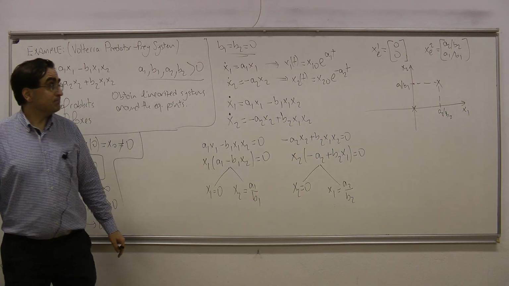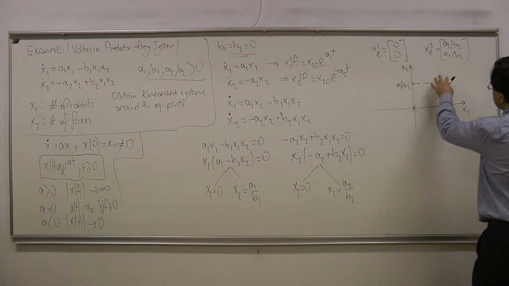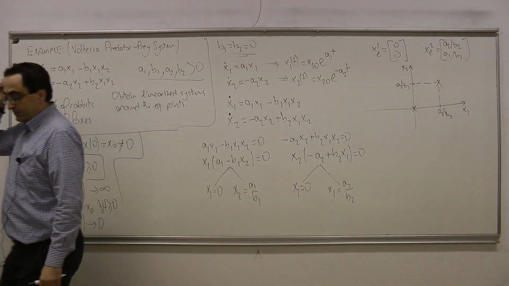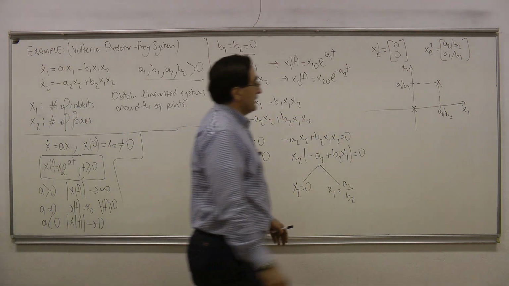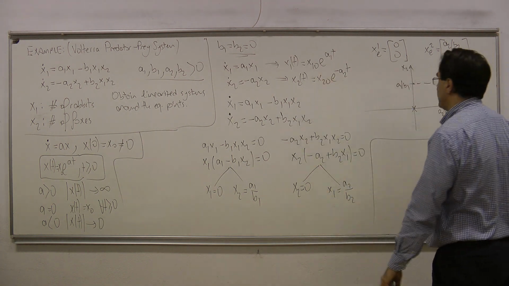All right? So now we're wondering about the system dynamics around these equilibrium points. Okay? So the first thing that I'm going to do is to calculate the Jacobian of that function f.